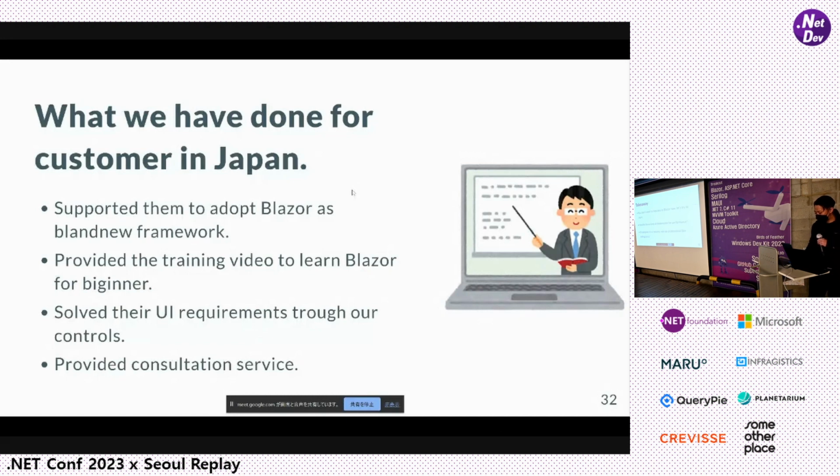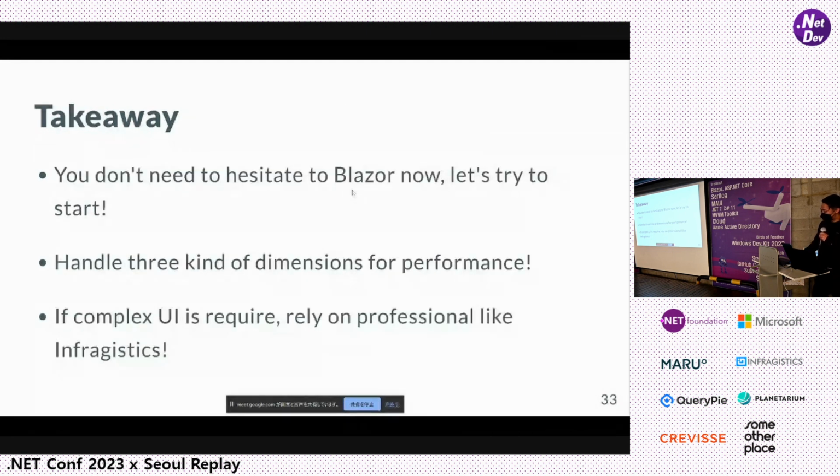Okay, through this session, there are 3 takeaways I wanted to tell you. If you hesitate to try Blazor, no worries. Let's begin from today. For developing web applications, you should care about 3 kinds of points for good performance.